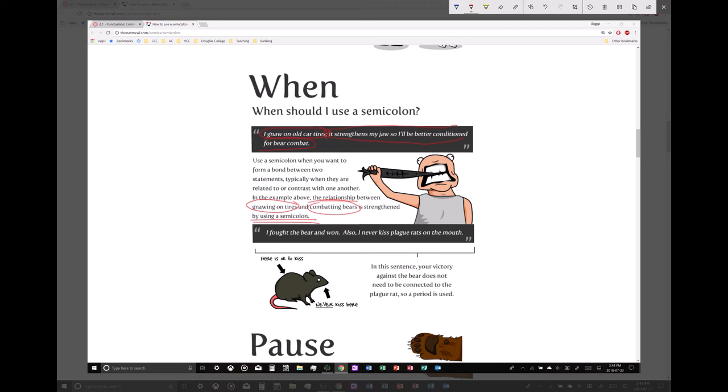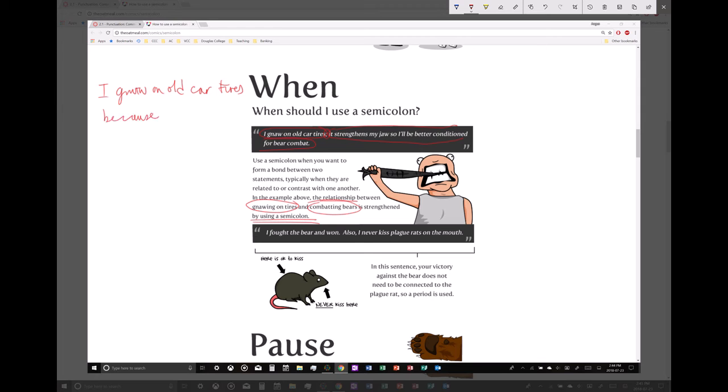So how would you do this with the comma rule? Well, actually, you might not be able to use the comma rule. So I gnaw on old car tires. Now consider the relationship. There is a reason why this person is biting on car tires. It would be because.